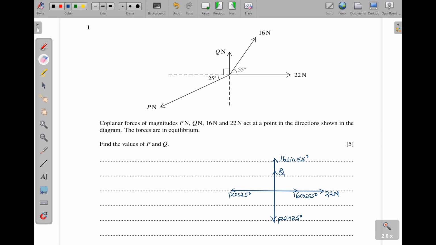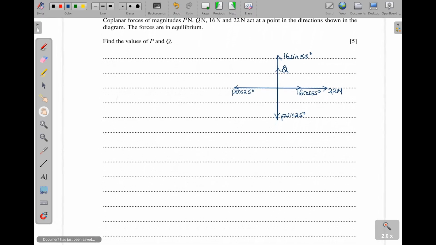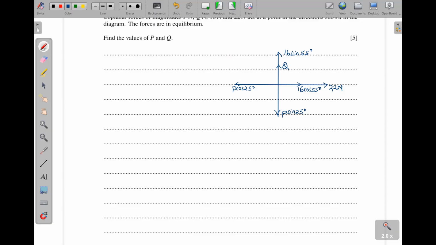Since the forces are in equilibrium, the resultant in x is 0, and the same for y. Resolving horizontally, P cosine of 25 degrees is equivalent to 16 cos of 55 degrees plus 22.